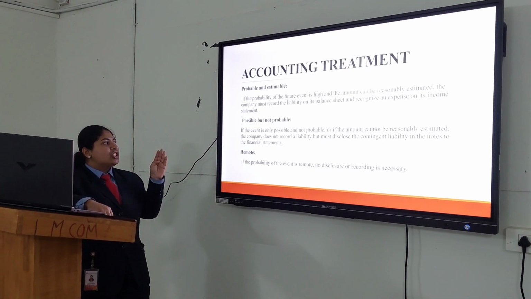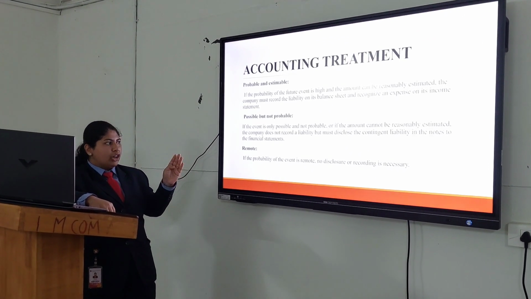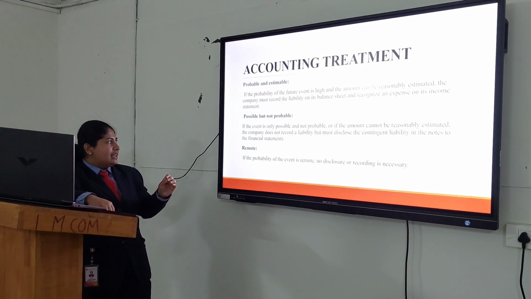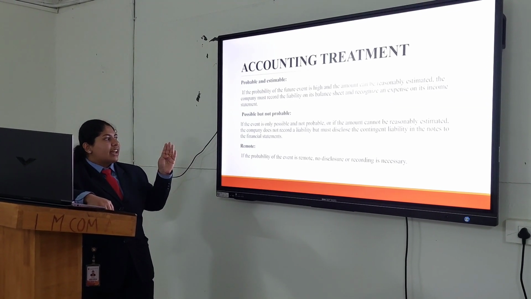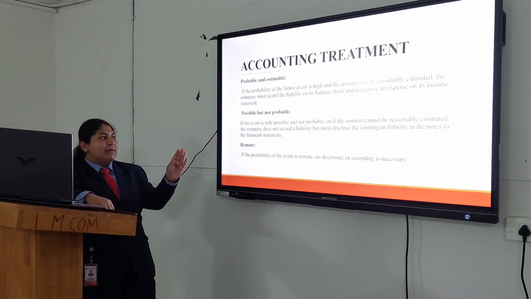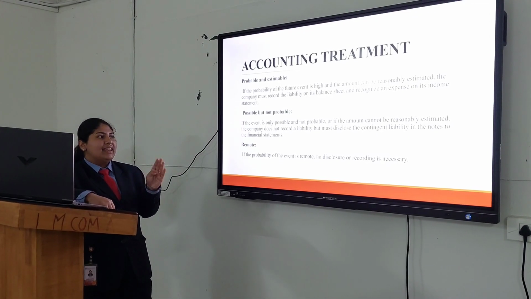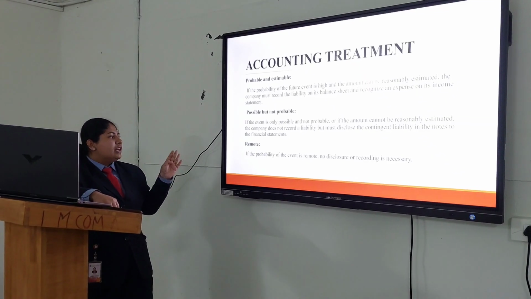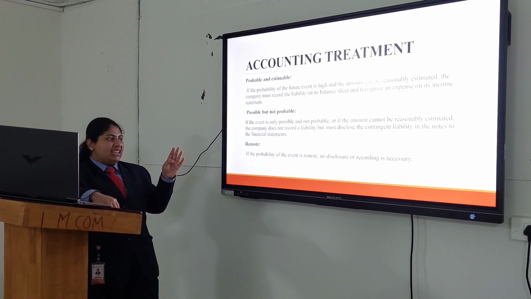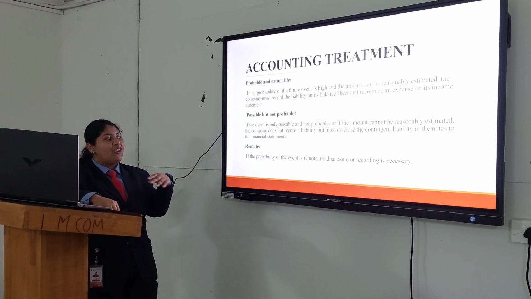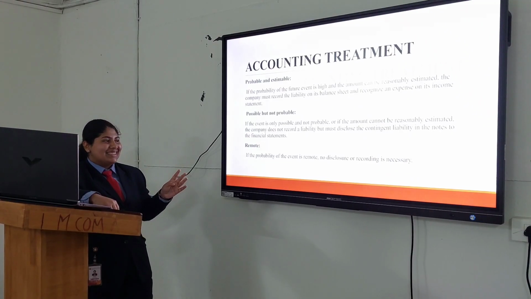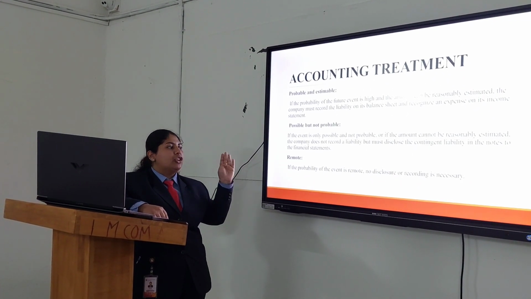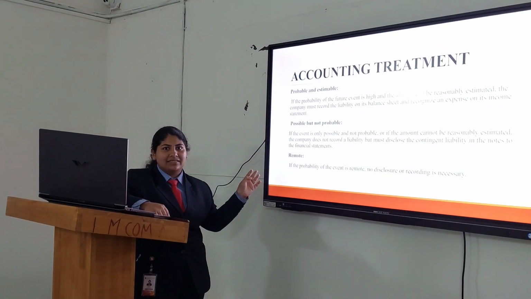If the event is only possible and not probable, or if the amount cannot be reasonably estimated, the company does not record a liability but must disclose the contingent liability in the notes to the financial statements. Next one, remote. If the probability of the event is remote, no disclosure or recording is necessary. Remote is not recorded in the financial statements and not disclosed.